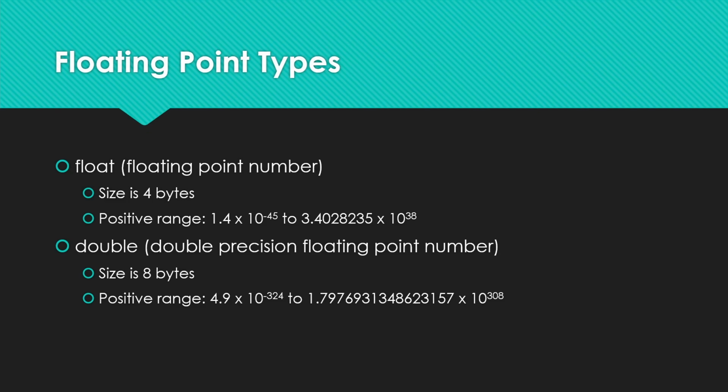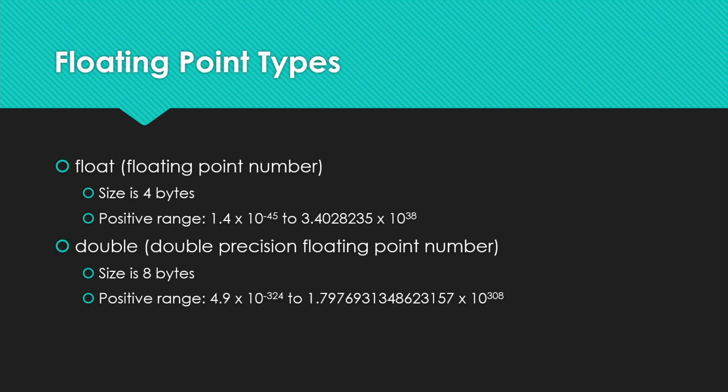We have two floating point types. One of them is float, which stands for floating point number. Its size is 4 bytes, and the positive range is 1.4 times 10 to the minus 45th through 3.4028235 times 10 to the 38th. And then there's a corresponding, very similar range of values on the negative side.